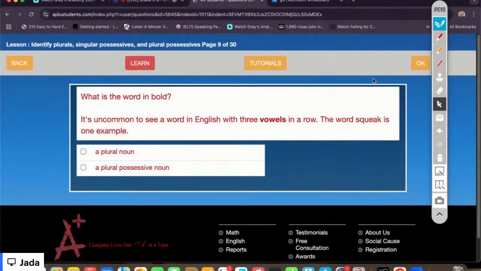It's uncommon to say a word in English with three vowels in a row. The word squeak is one example. So, plural noun or plural possessive?